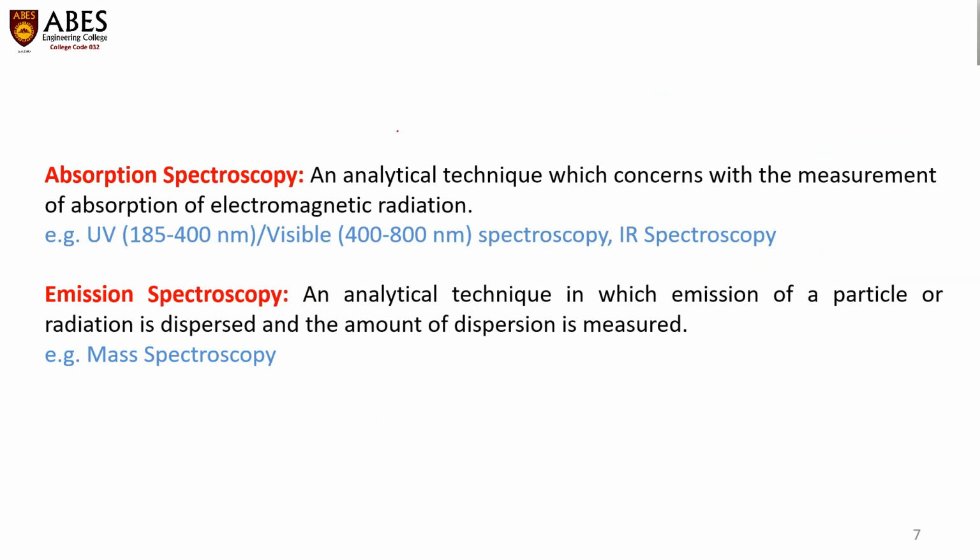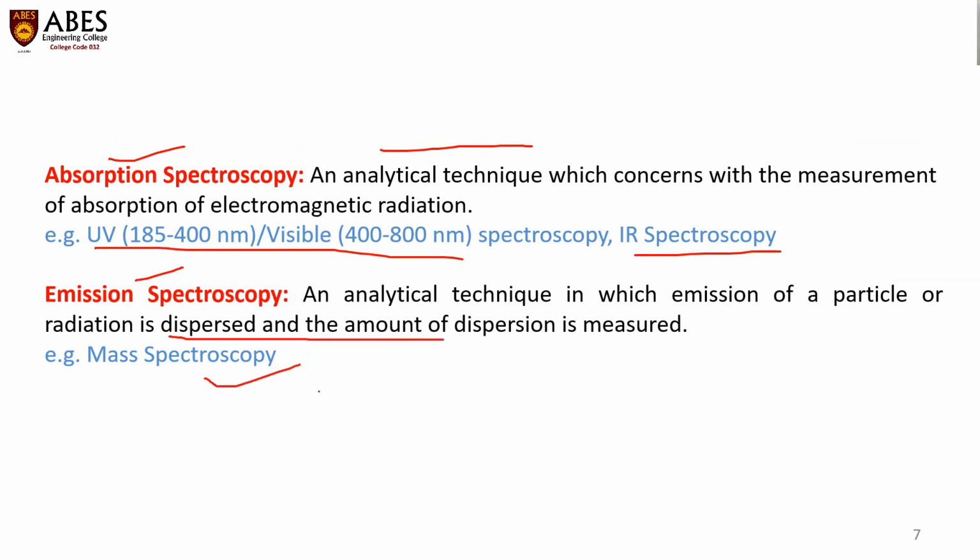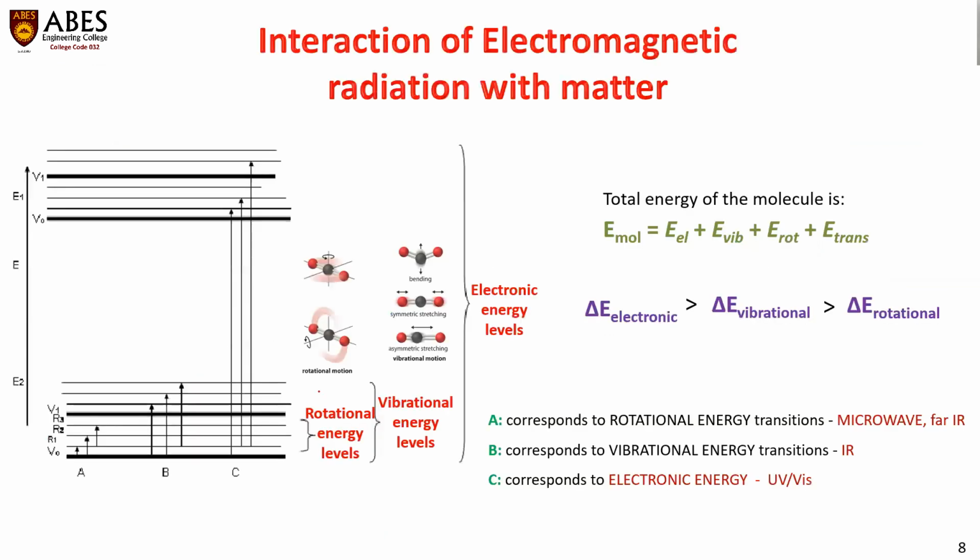So, on the basis of this, spectroscopy is also of two types: absorption spectroscopy and emission spectroscopy. Absorption spectroscopy works on the absorption of radiation, for example UV-visible spectroscopy, IR spectroscopy, etc. Emission spectroscopy works on the emission of radiation, for example mass spectroscopy.